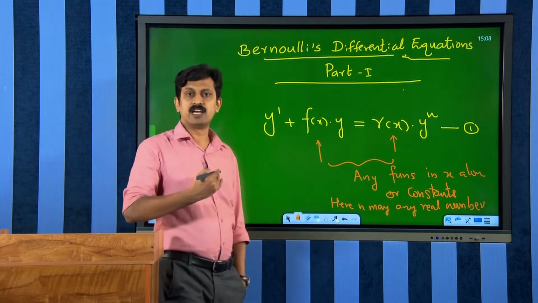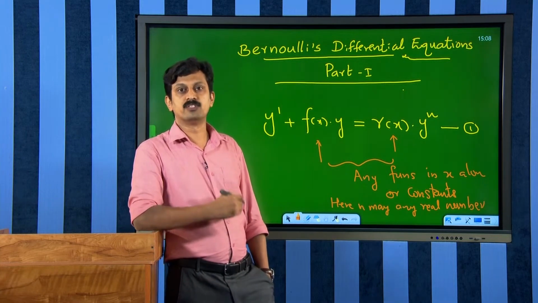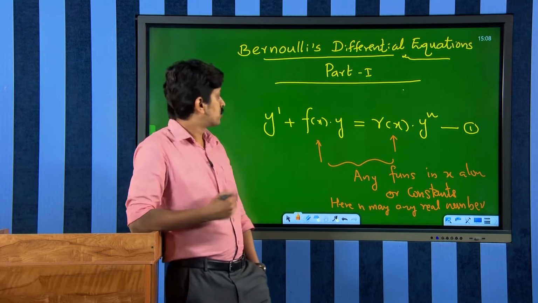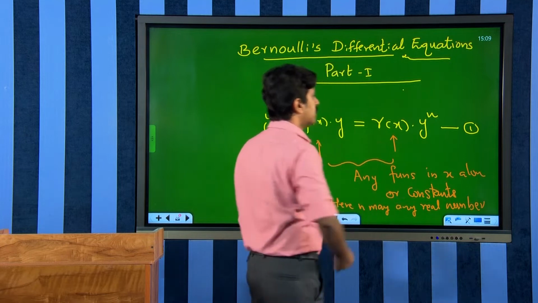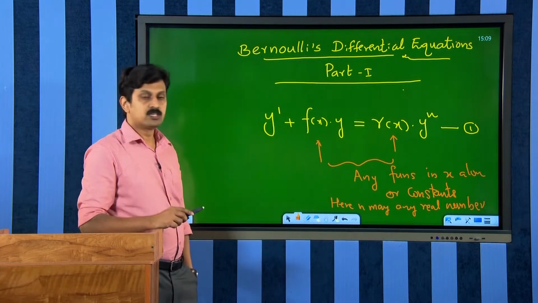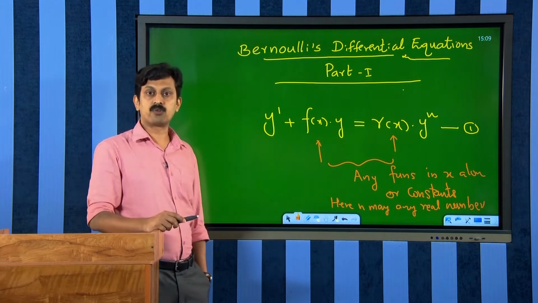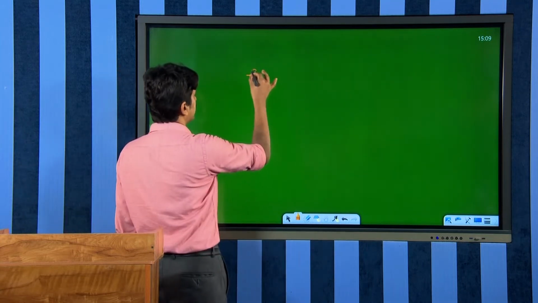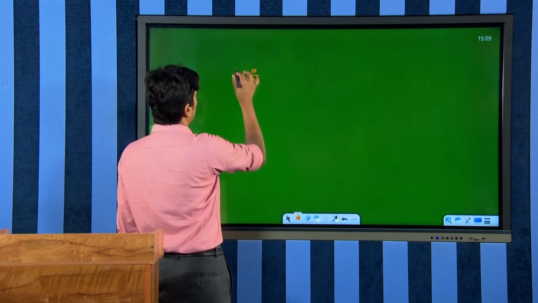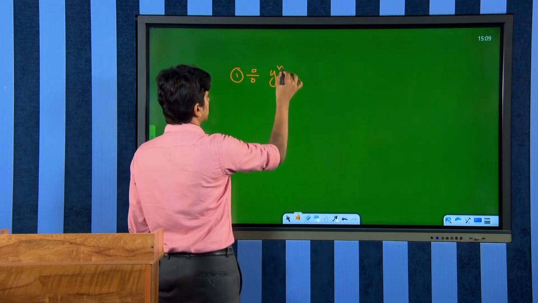See, our thought is, how can we solve Bernoulli's differential equation? Here we have y raised to n with a non-homogeneous part. So, we divide throughout by y raised to n.